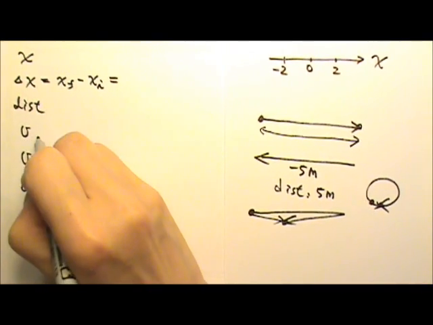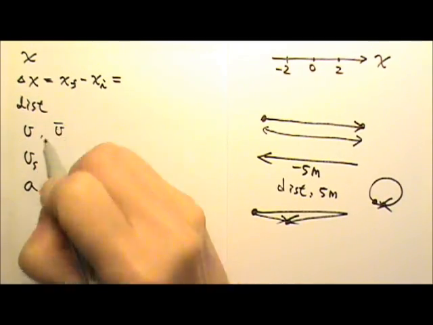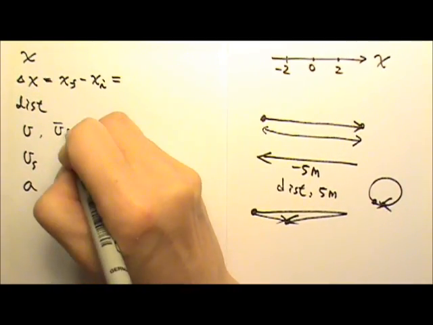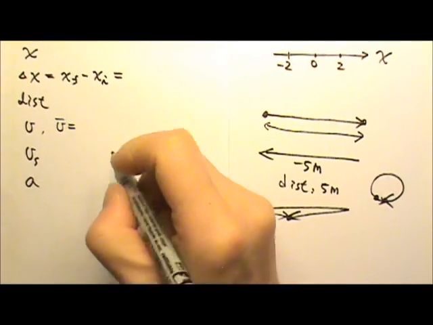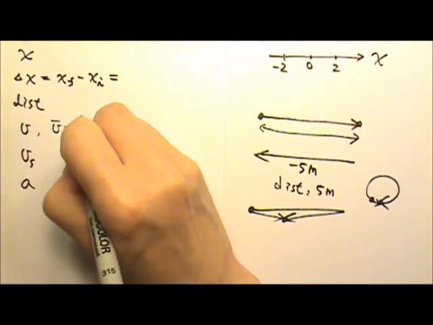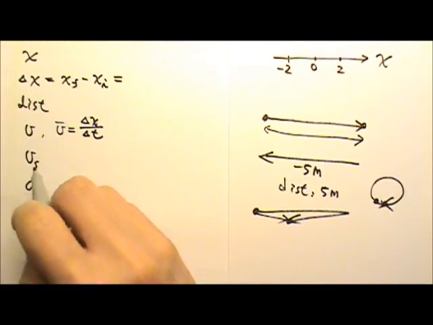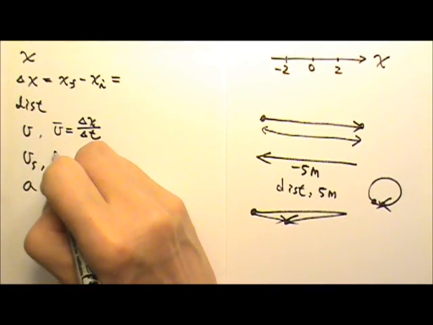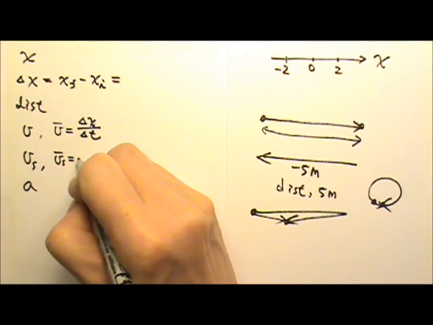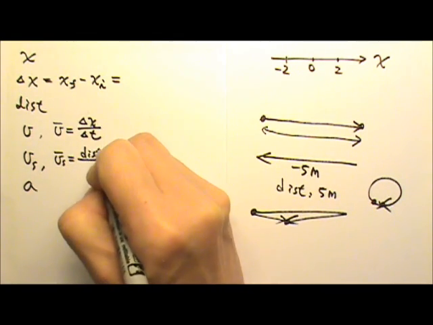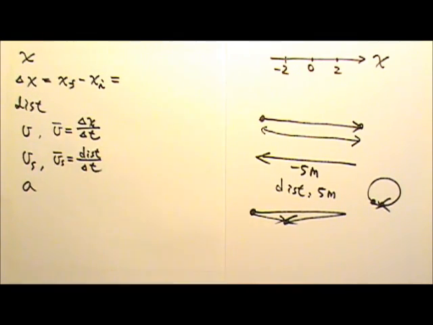For velocity, we have average velocity. When we put a bar on the top, it means average. The average velocity by definition is the changing position divided by the time. And we have speed. The average speed is the distance traveled divided by the time.